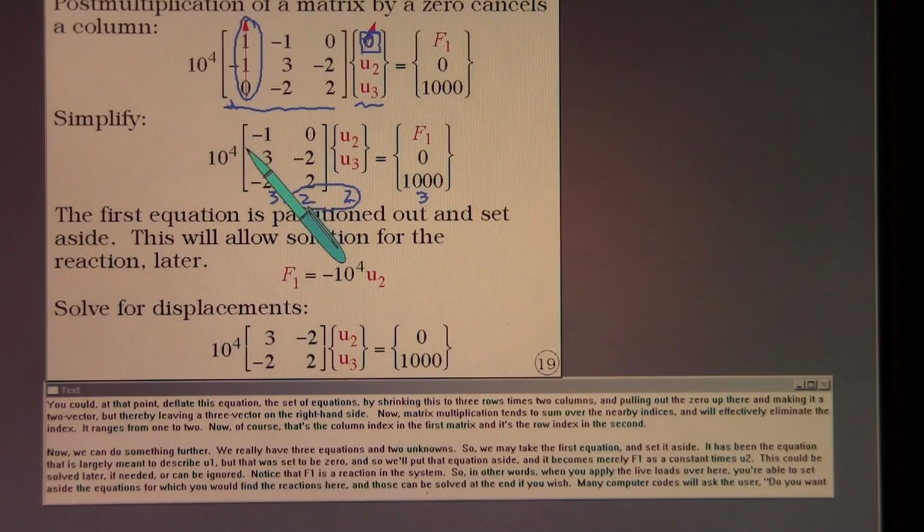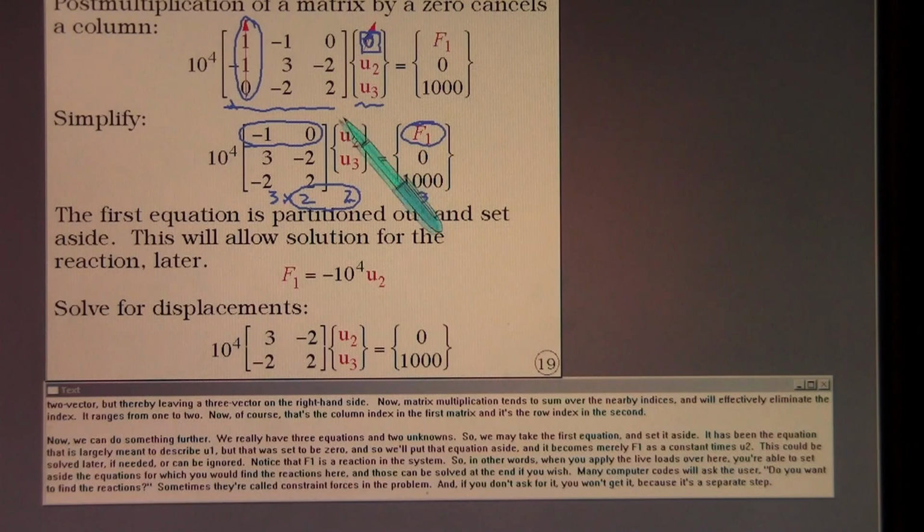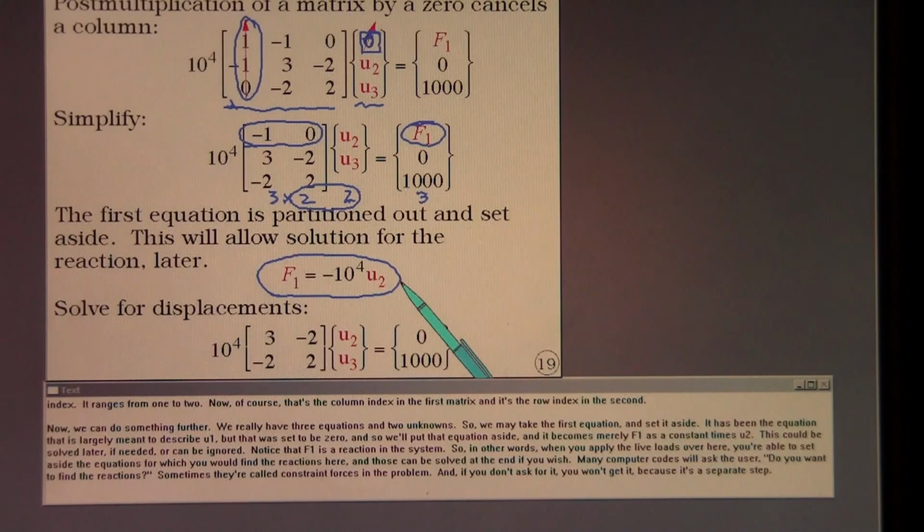So we may take the first equation and set it aside. It has been the equation that is largely meant to describe U1, but that was set to be 0, and so we'll pull that equation aside, and it becomes merely F1 is a constant times U2. This could be solved later if needed, or can be ignored.